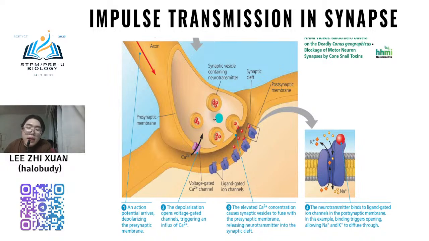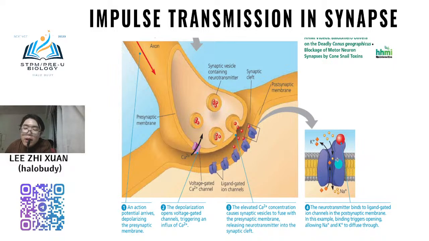So when the calcium ions are inside the synaptic knob, the calcium ions will cause the synaptic vesicle to fuse with the presynaptic membrane and start to release the neurotransmitter. As for the type of neurotransmitter, just now I already mentioned, right? One example is acetylcholine and another one is noradrenaline, right? Okay. So this neurotransmitter later will bind to the receptor located on the postsynaptic membrane.